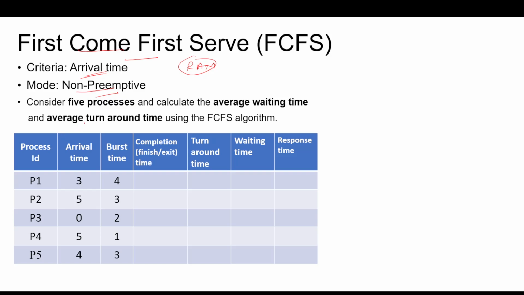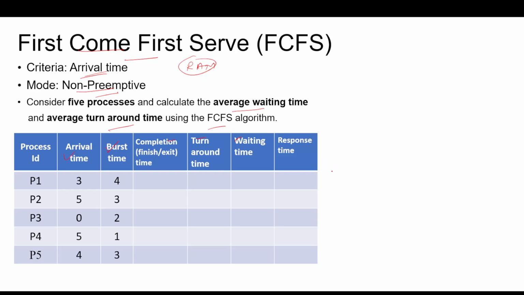Now here you can see some processes listed in this table with their arrival timings as well as burst timings. What exactly burst timing, arrival timing, completion, and all these definitions are, I have discussed in another video. You can check that. Burst timing and arrival timing are given, and as per these we have to calculate the average waiting timing and average turnaround timing using this FCFS algorithm.